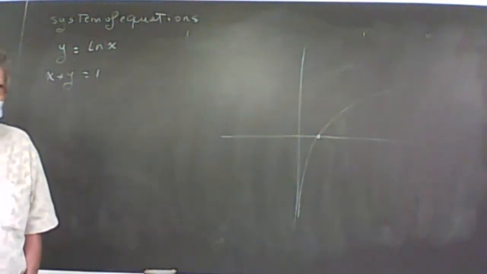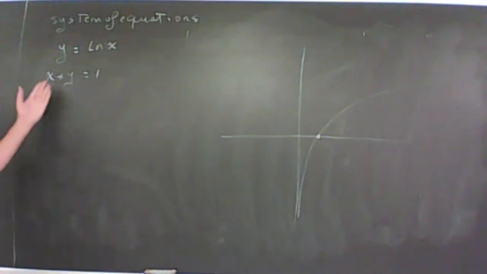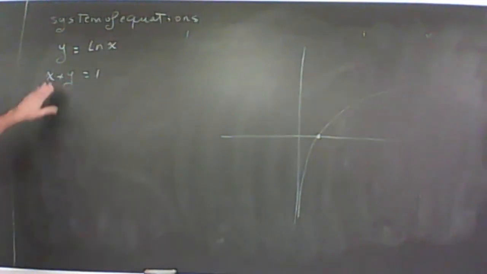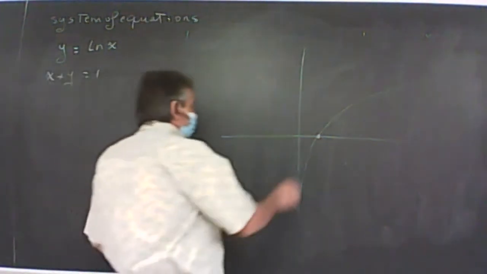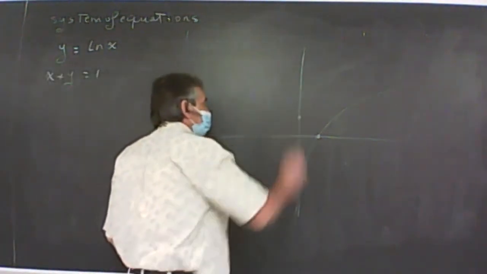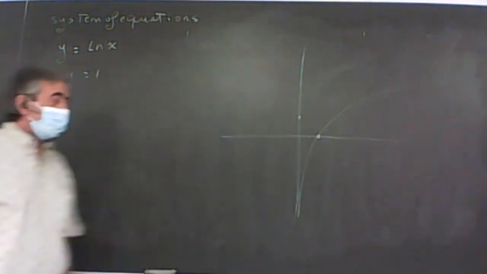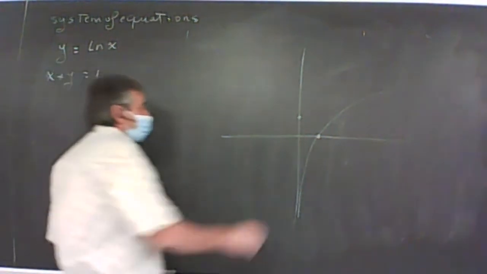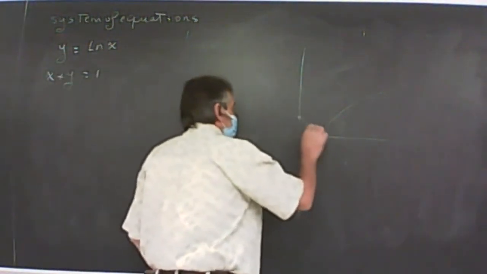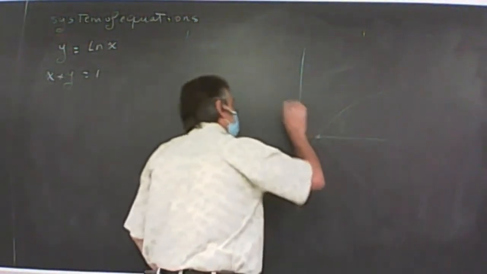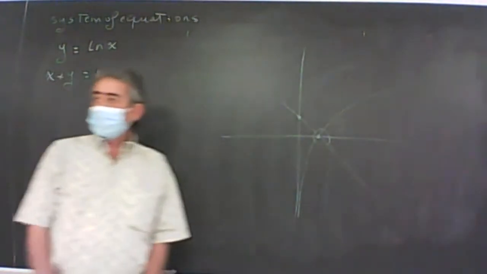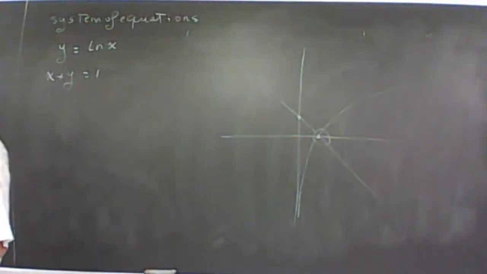The second equation, it's a linear equation, right? And in a linear equation, when x is 0, y is 1, and when y is 0, x is 1. The intersection point, that's your solution.